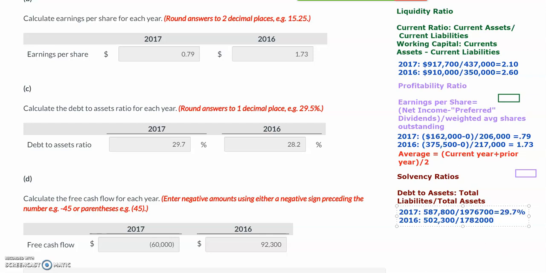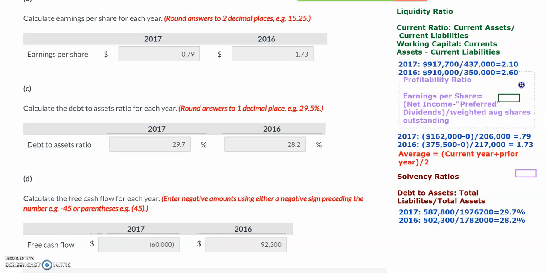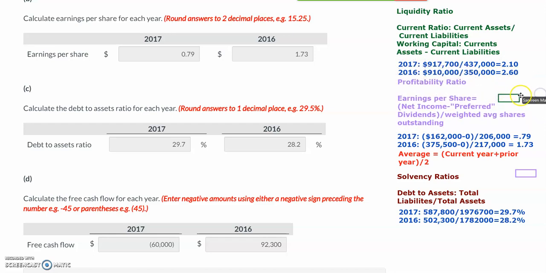So you need to convert the number in your calculator into a percentage. And you can see that the company did better in 2016 compared to 2017 because a lower number is better. All right, so just going to put a little box around this number right here.